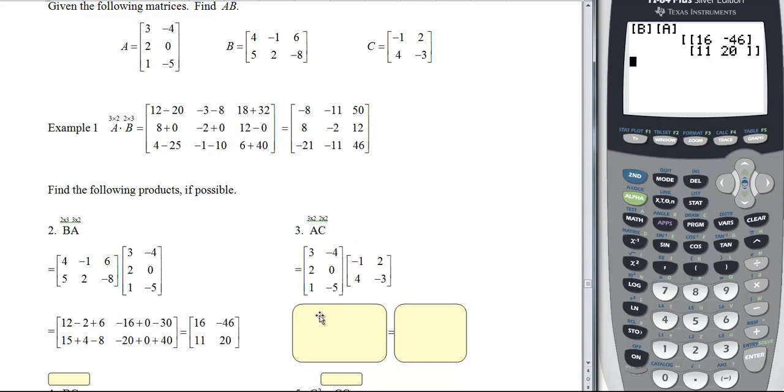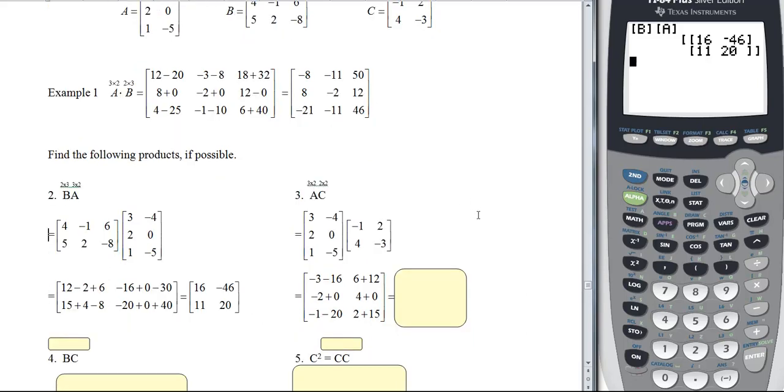Go ahead and fill out this matrix similar to what I've got right here. Pause me while you do it. You should have ended up with this, which should then give you that.